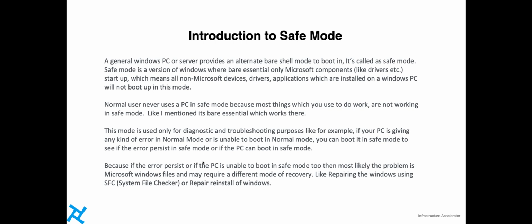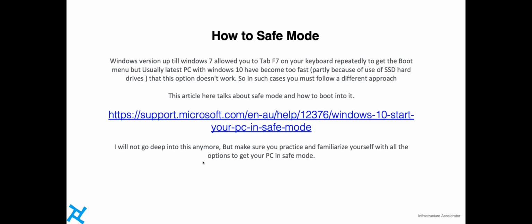And if the error is not there in safe mode, then there are other approaches you can use, which means the problem is not with Windows but with an application installed on top of Windows.